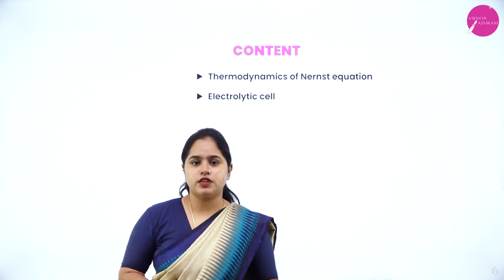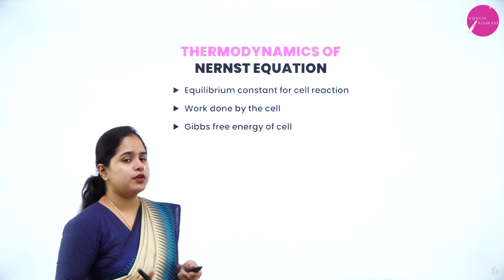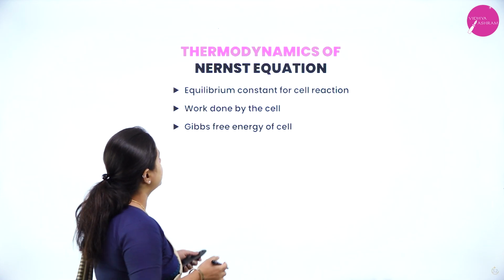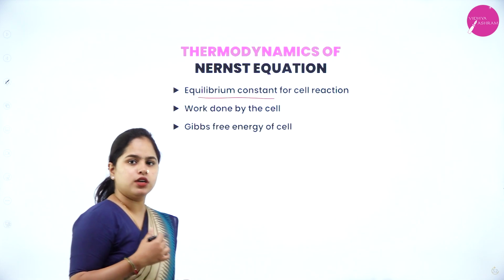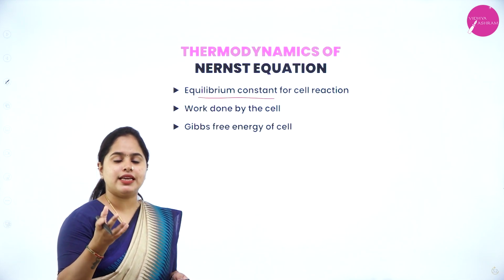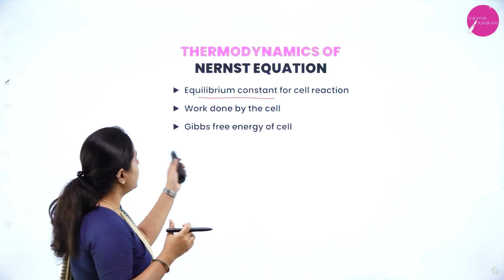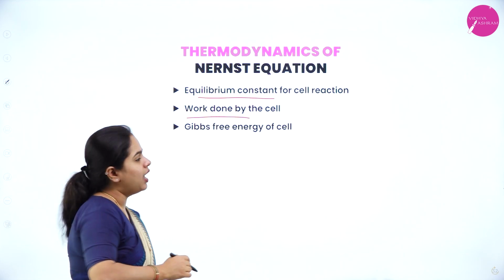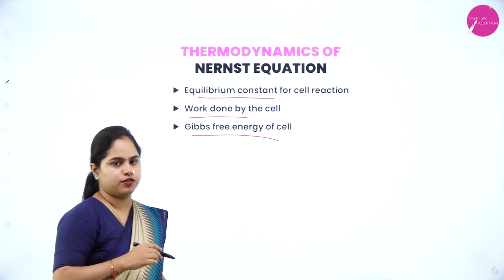So now beginning with the first topic, that is the thermodynamics of Nernst equation. So how can we rearrange the Nernst equation in terms of equilibrium constant for a cell reaction? So we are going to relate the Nernst equation with the equilibrium constant. Then we'll be doing the work done by the cell as well as the Gibbs free energy of the cell.